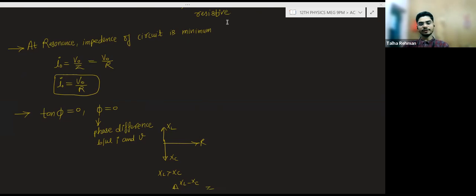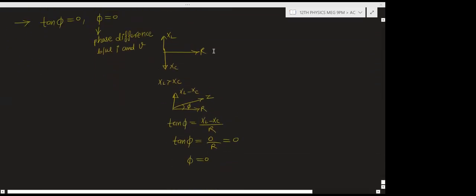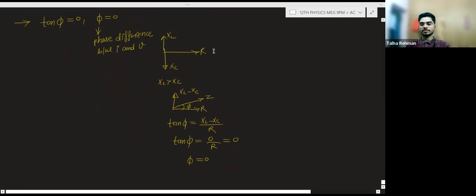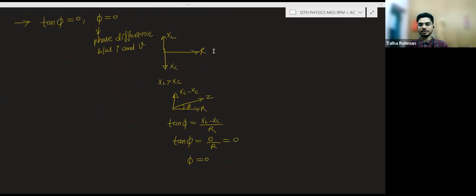Fawaz, you can write in chat box only a small d, it will save your time. Now write down this and Hamza, take the screenshot, and then we will discuss the resonant frequency.